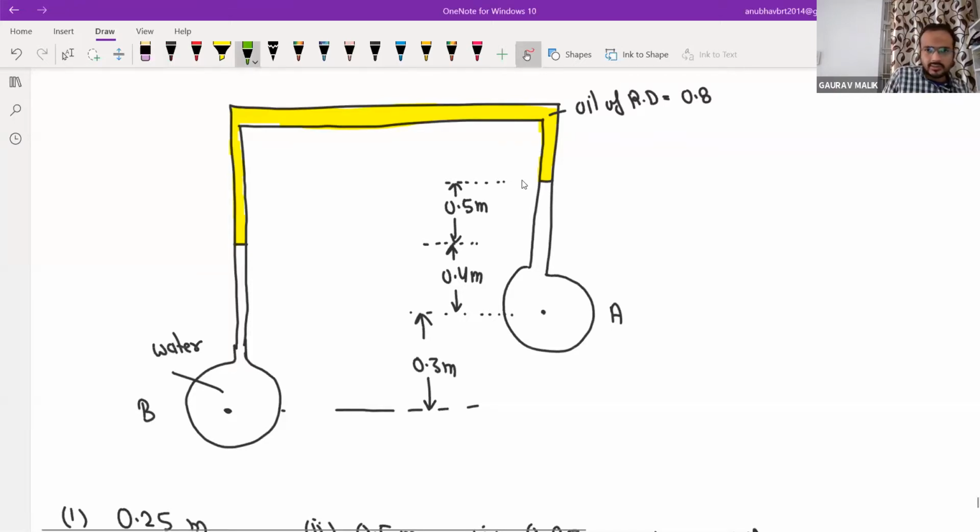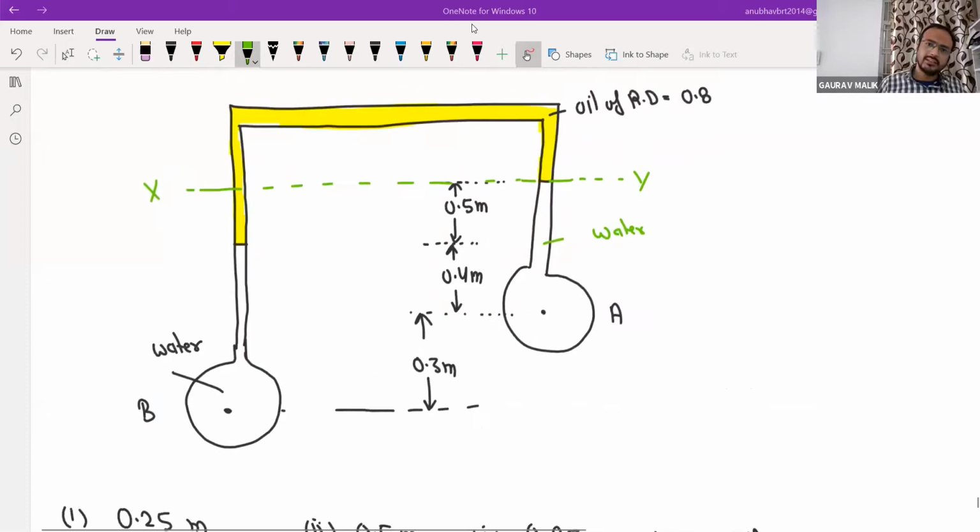Datum line will be this one. Balance across XY. Here also water and here also water. Here, if you take so much time in such type of question, then what will happen?